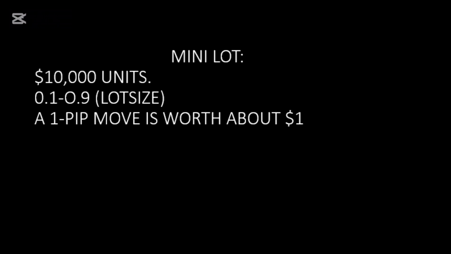Okay, now we have the mini lot. The mini lot is about 10,000 units of the base currency. The mini lot is from 0.1 to 0.9. So if you're taking a trade and you're using from 0.1 to 0.9, any of those can be 0.2, 0.3, 0.4, 0.5, as the case may be.